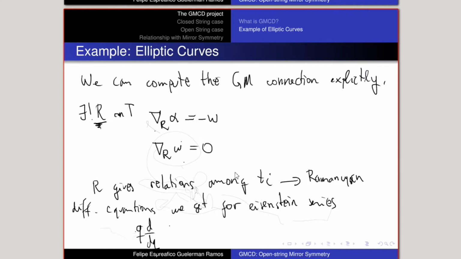Just to be more specific, what you are doing is considering T, and you have a map from T to the upper half plane, which is given by integration. So actually you consider the 2 periods of the elliptic curve, the 2 integrations over alpha.